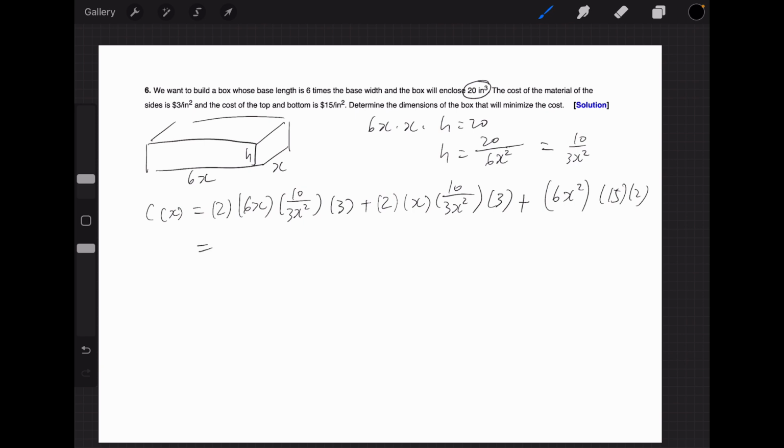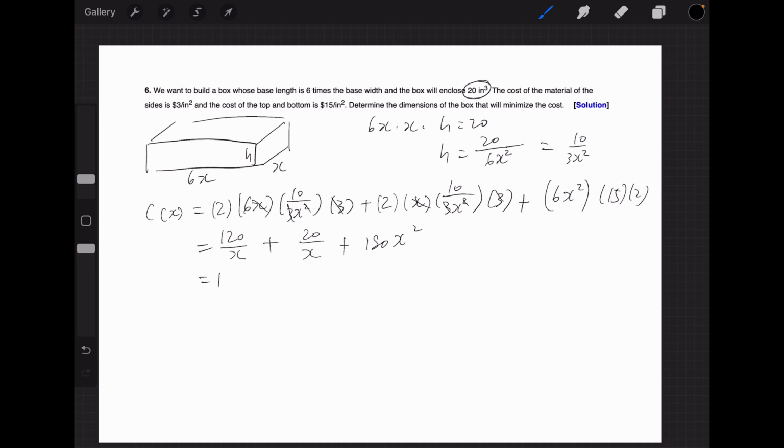Okay, and now let's rewrite the equation. It will look like 120 over x plus 20 over x plus 30 times 6, which would be 180x squared.